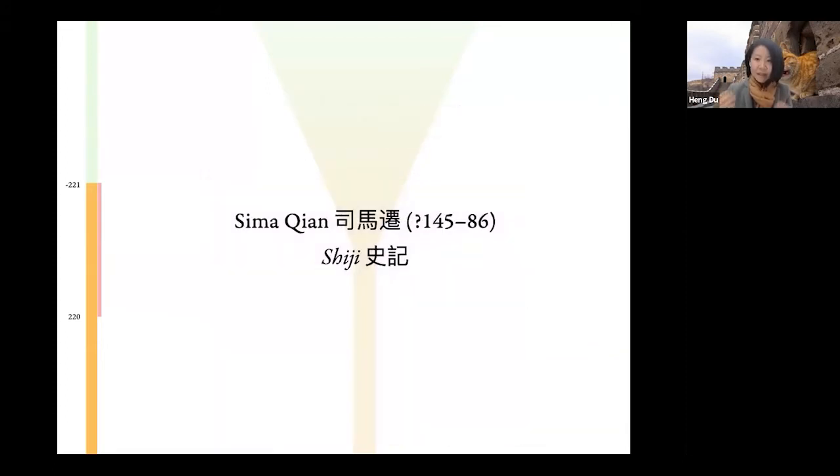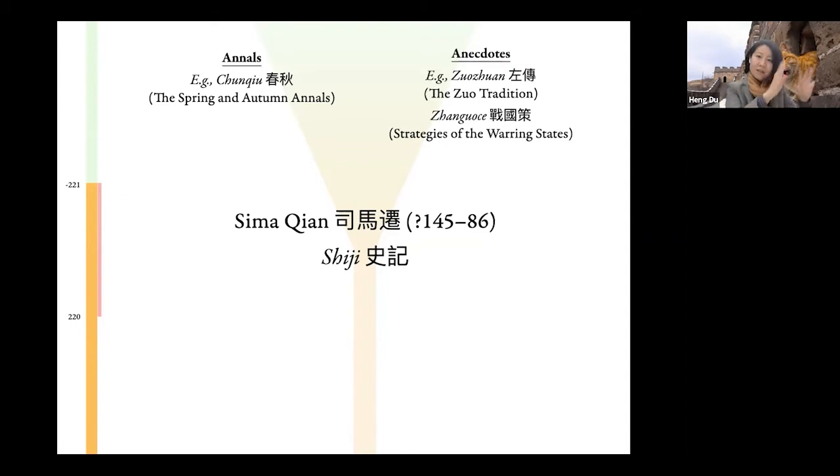And if we think about what historical writing before Sima Qian is like, just to very roughly generalize, we have almost two types of text. One is the annals, such as one of the five classics, the Spring and Autumn Annals. And then in addition to these annalistic writings, we also have a lot of anecdotal writings, which Sima Qian also called 春秋.